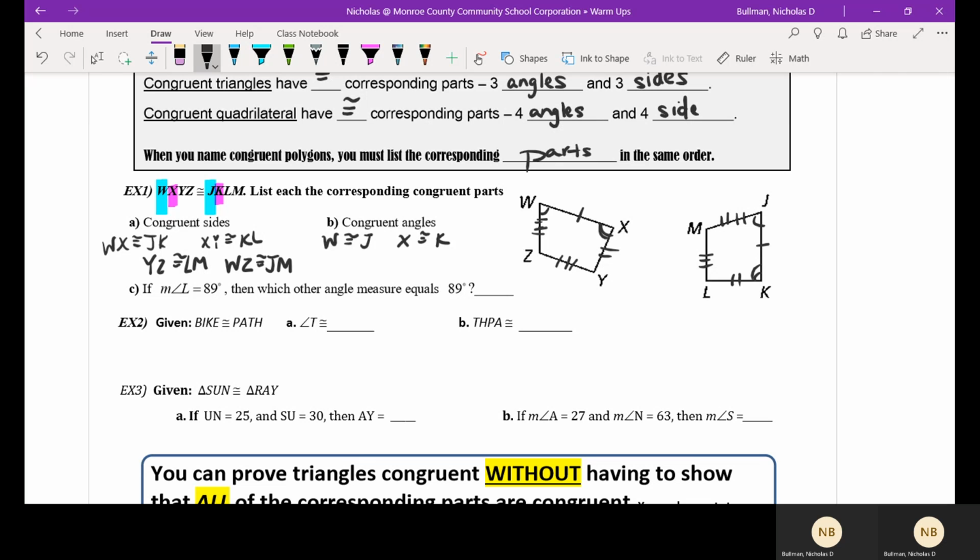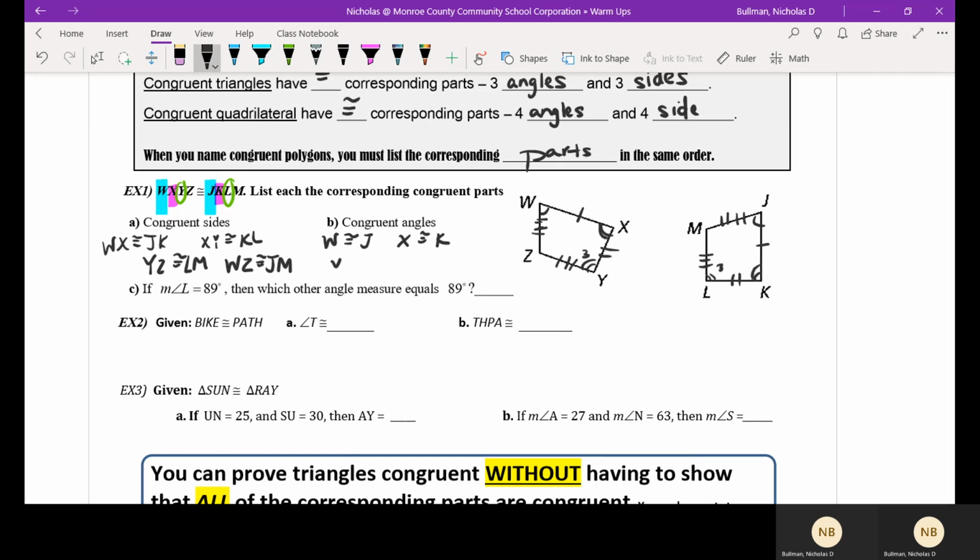Next I have that my third letter is Y, and I've got Y here and L here. So those are my next congruent ones. I've got to keep adding tick marks. I'm kind of going to run out of room here. I'm going to label that with just a 3 above it so I can note that.